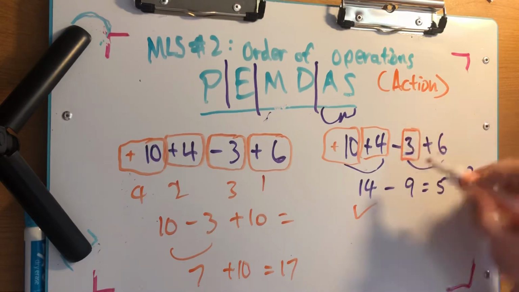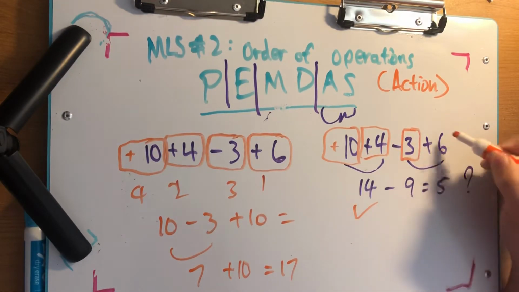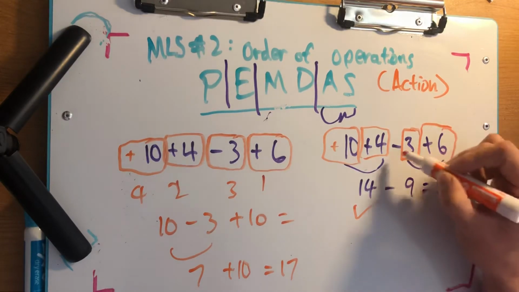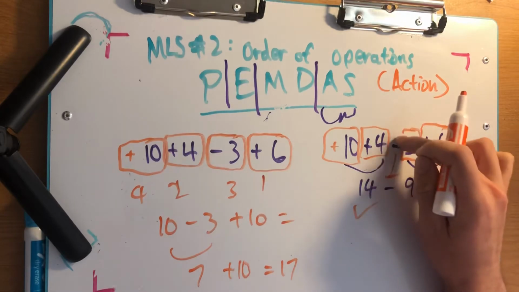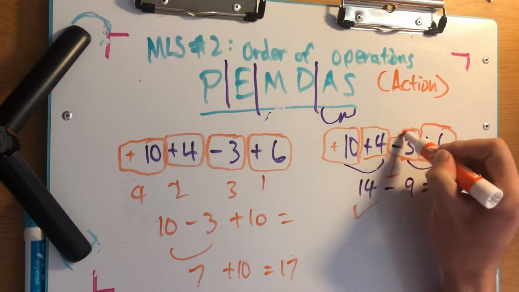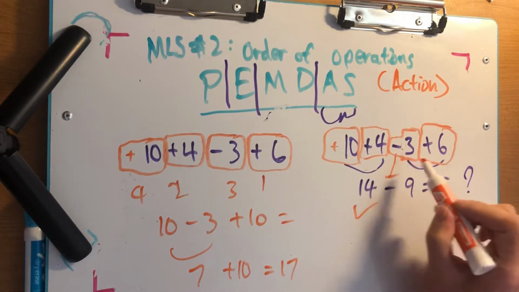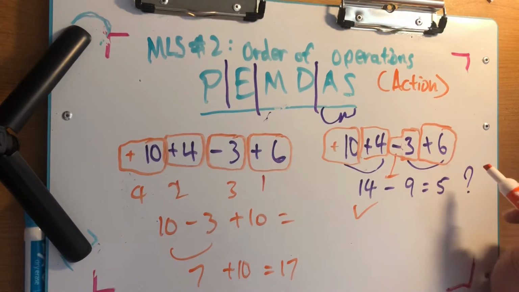We actually left out the action of what was happening to this 3, and then just moved it there. That's illegal. The action is attached to what? This 3. So it's really negative 3 or minus 3, and a plus 6.